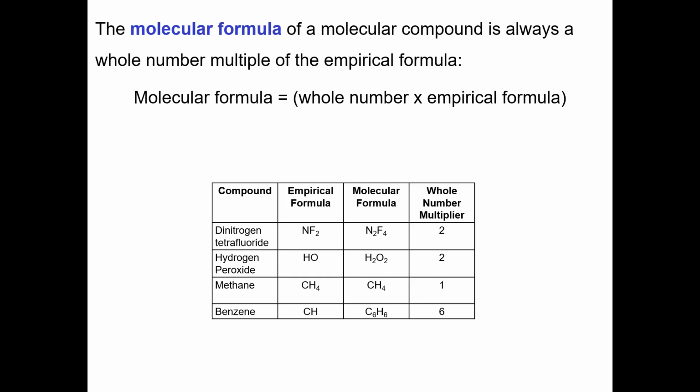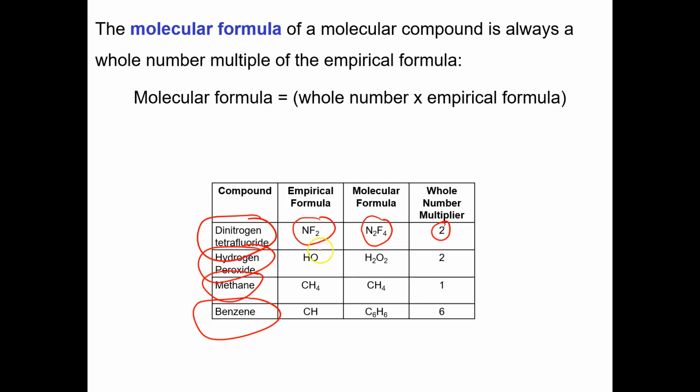So here are a series of examples. We have these compounds here: dinitrogen tetrafluoride, hydrogen peroxide, methane, and benzene. The empirical formula of dinitrogen tetrafluoride is NF2, but its molecular formula is 2 times its empirical formula and is N2F4.